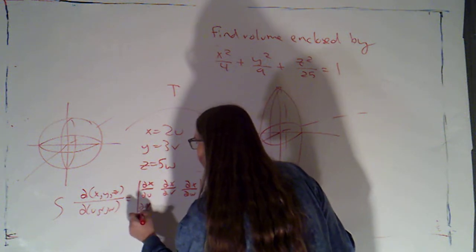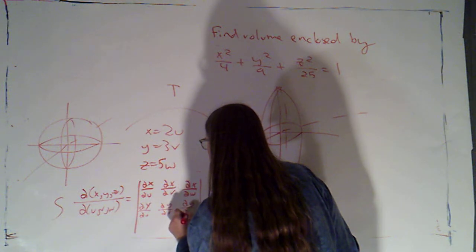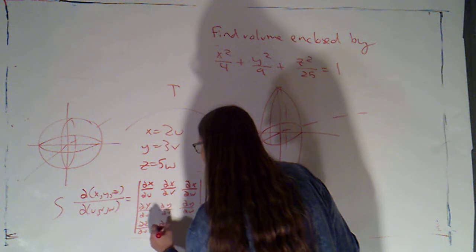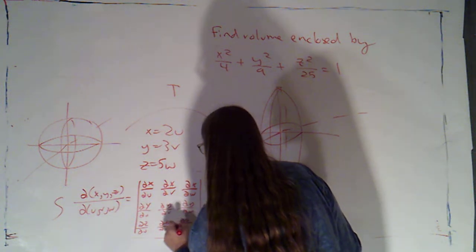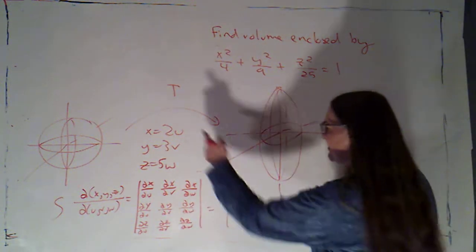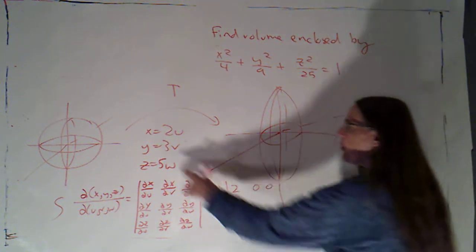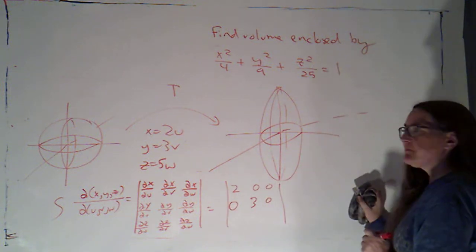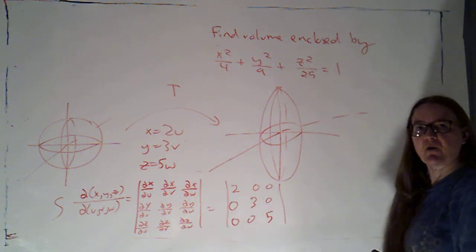Partial of y with respect to u, partial of y with respect to v, partial of y with respect to w, partial of z with respect to u, partial of z with respect to v, partial of z with respect to w. But this is a ridiculously nice matrix because x depends only on u, so the other two partials are 0. Y depends only on v, the other two partials are 0. Z depends only on w, the other two partials are 0.